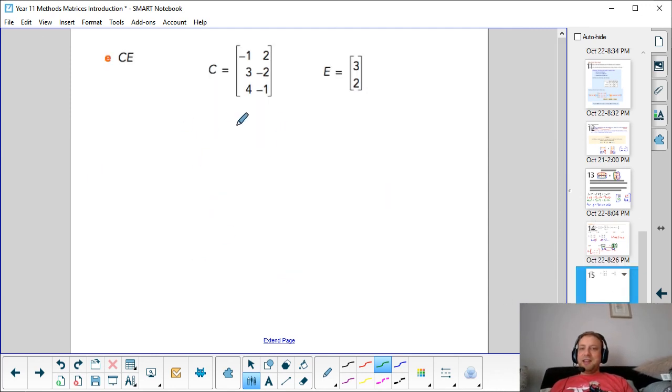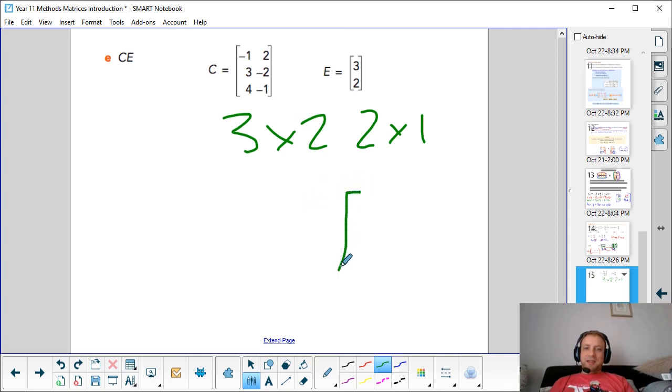So let's check this one out. CE, can I do it? This one is a 3 by 2. This one is a 2 by 1. So in theory, I can do that one. And the answer would end up being a 3 by 1. Right, we've got to go this one by that.